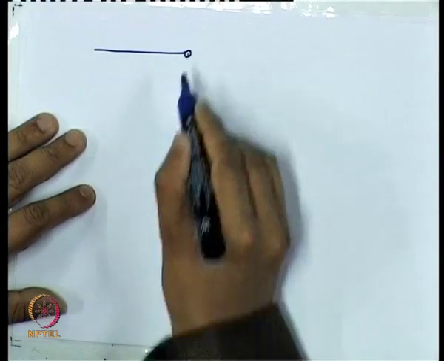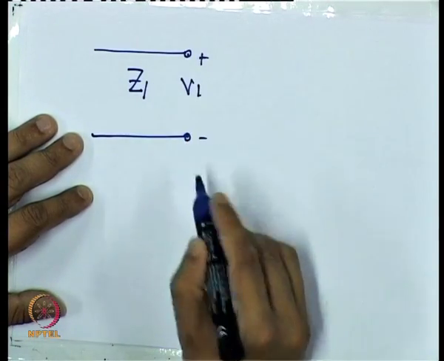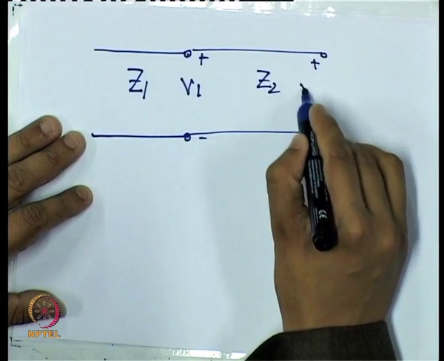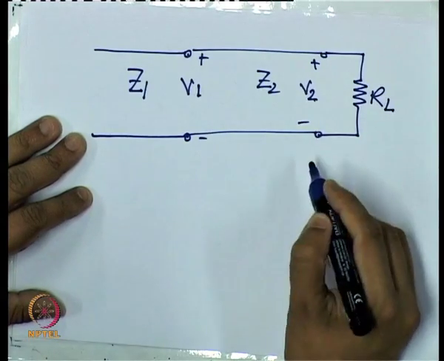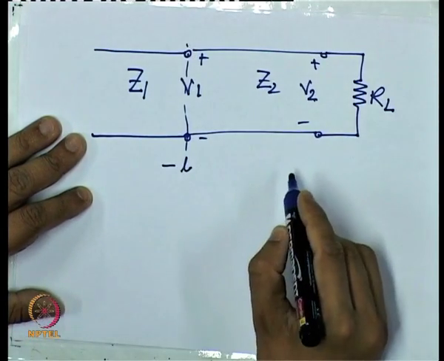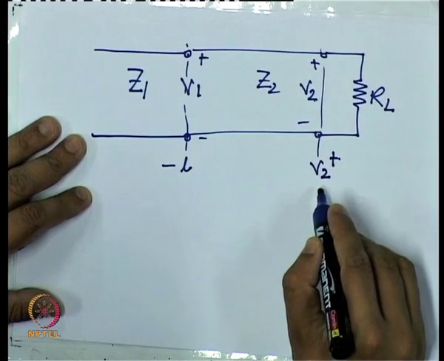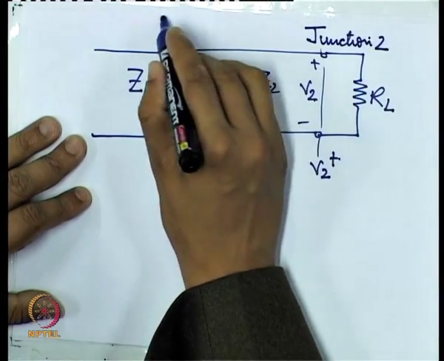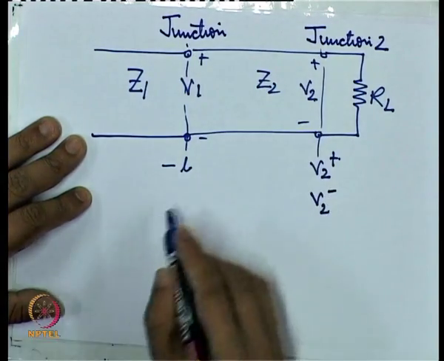So, we have one transmission line with characteristic impedance Z1 and another with characteristic impedance Z2, V2 plus is the incident wave at junction 2, and V2 minus is the reflected wave at junction 2.